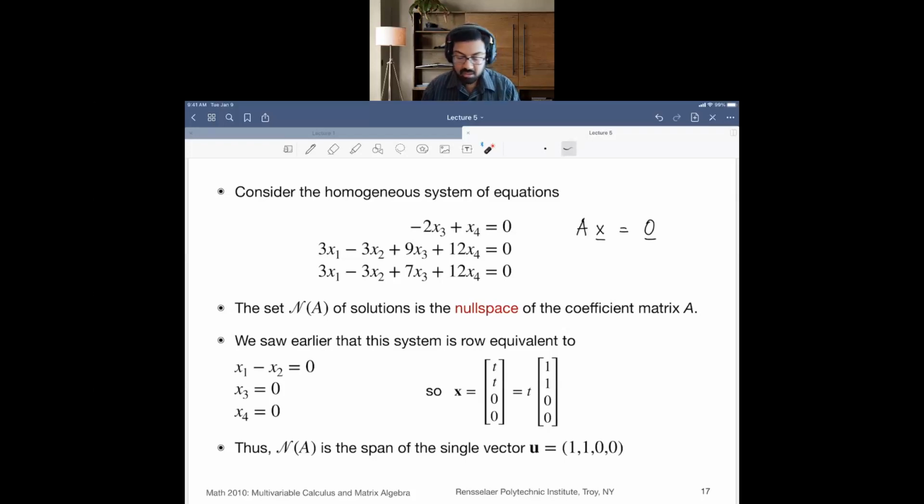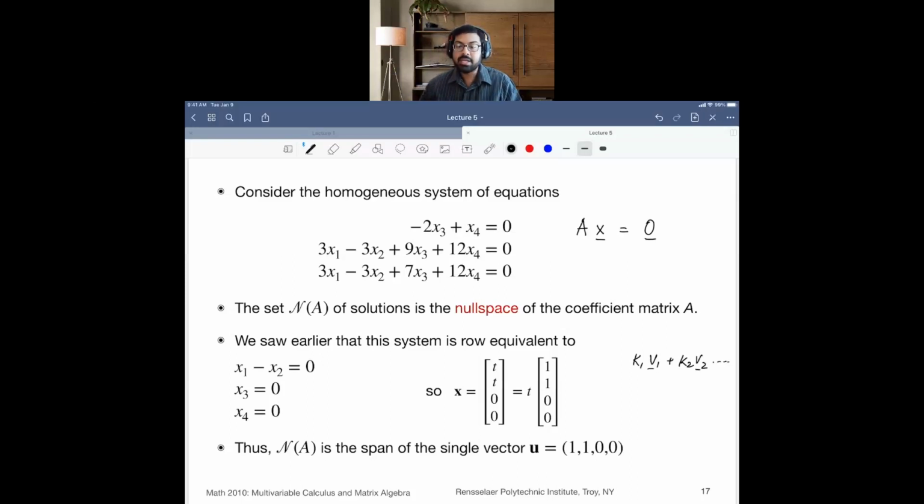So over here, we really don't have many vectors to linearly combine. We just have one vector to linearly combine. So earlier we had, say, k1 v1 plus k2 v2 and so on.